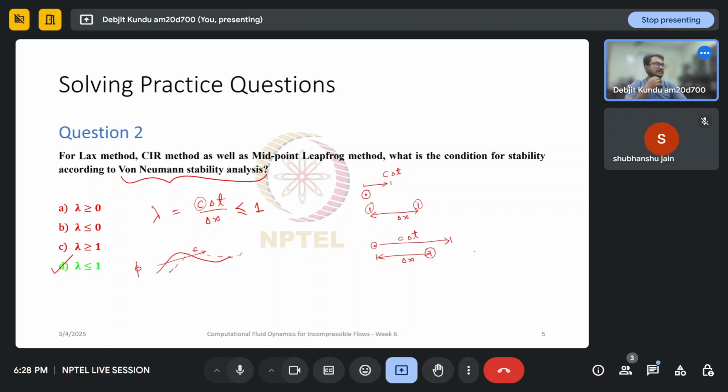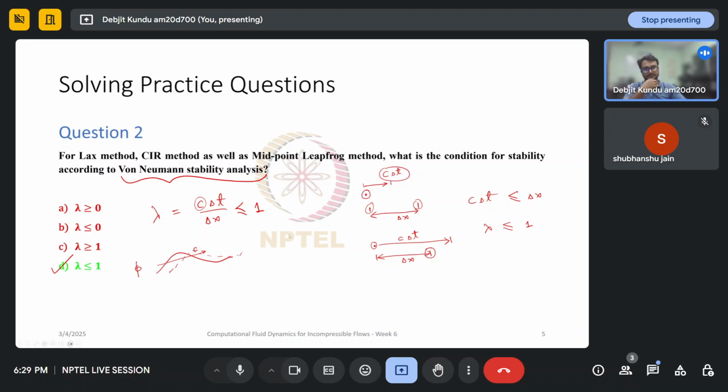That's why, in these cases, the algorithm cannot accurately capture the changes going on. So c delta t should be less than or equal to delta x. That's where this whole idea of lambda being less than or equal to 1 comes from.